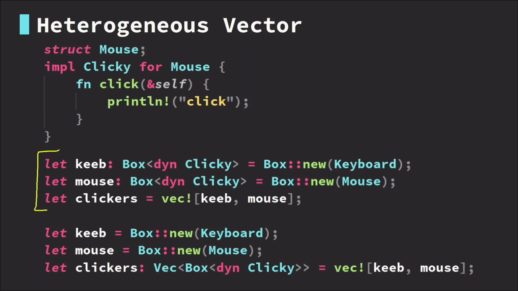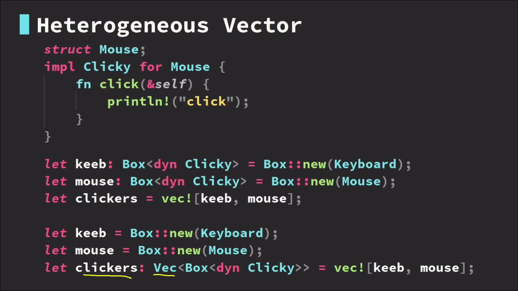So you either annotate each variable themselves, or in the second example, you can annotate the vector, and then anything that's boxed will attempt to be turned into a dynamic Clicky trait object. So we see down here, we create our boxes just like we did before. We don't have any annotations. We then have our clickers vector, and we're annotating the vector itself.